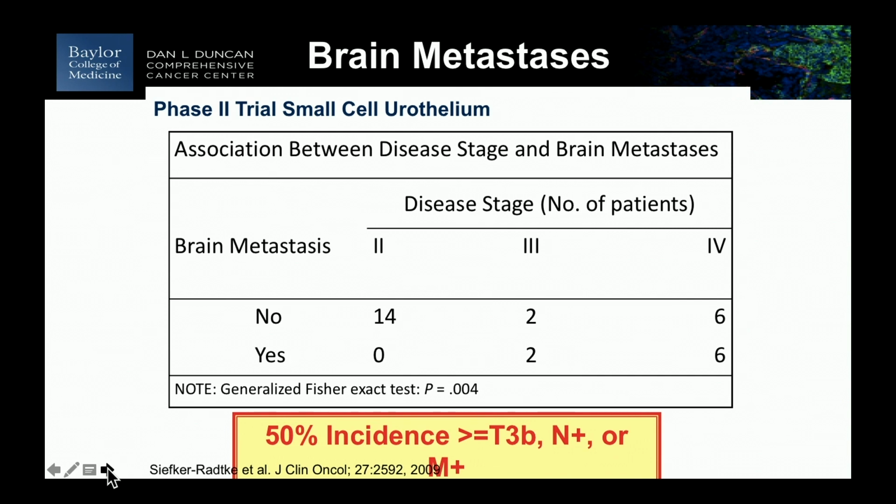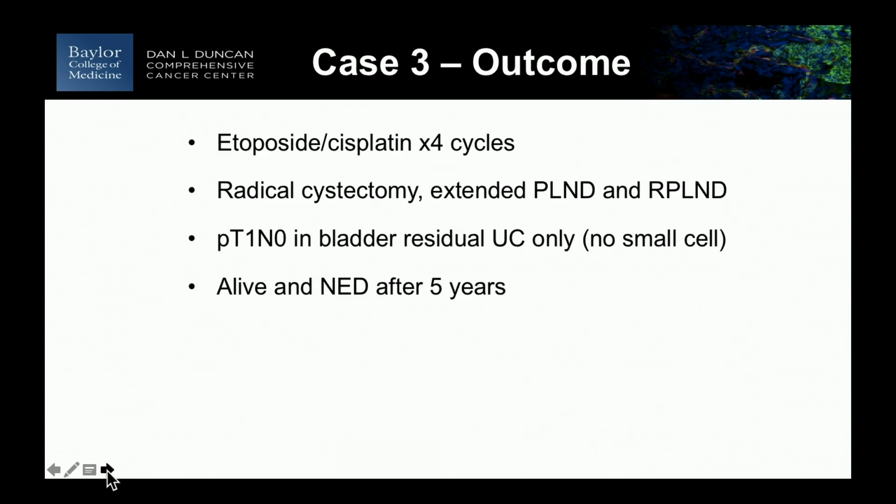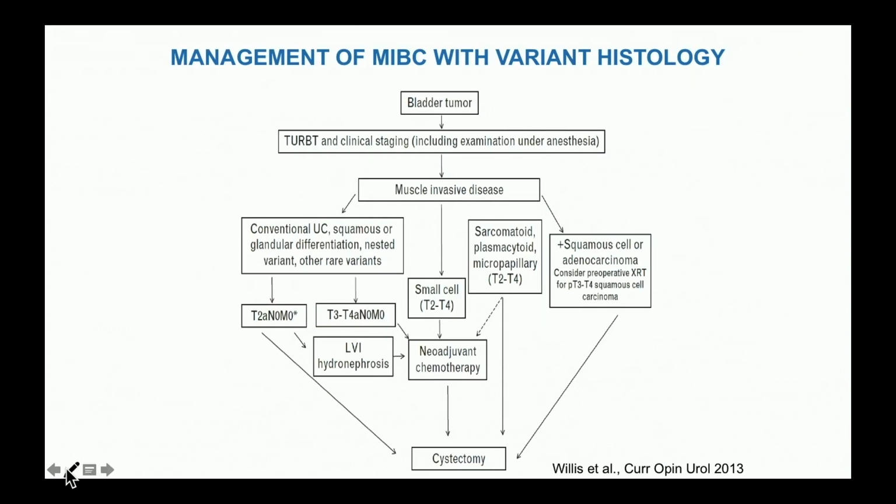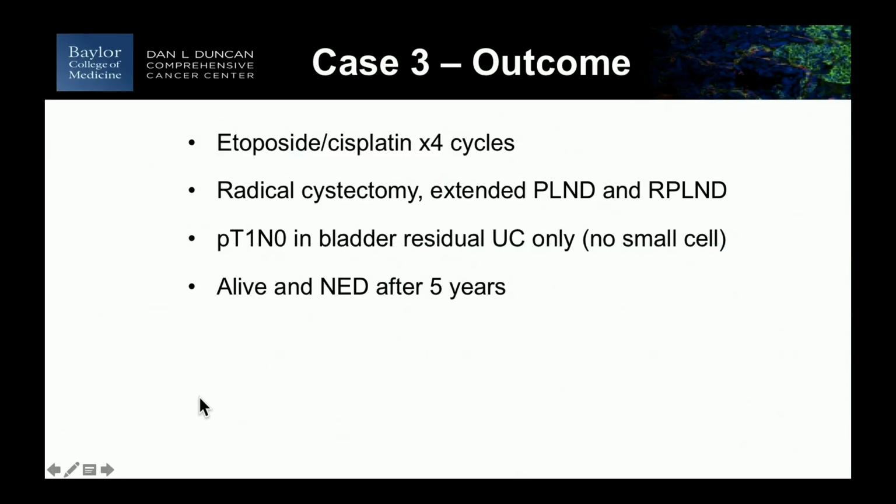I don't know that in the more locally advanced tumors that has been adopted by other centers, but it's certainly out there and something that is unique to small cell of the bladder. So for the outcome, this patient had residual pT1 disease, which, like I said, is not unusual to have residual urothelial. And this patient obviously has had a good outcome following this type of therapy.